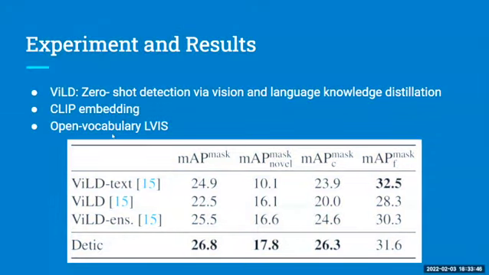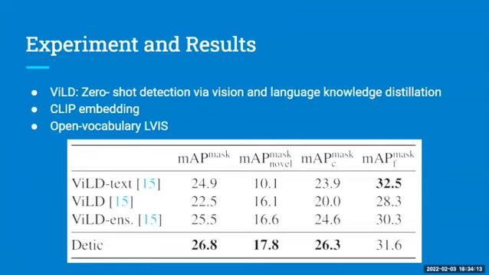As you can see, for almost all the methods, detic outperforms the state-of-the-art WILD. WILD has three different versions. WILD text is more or less the same as the base level box supervised baseline, which I mentioned in the previous slides. WILD, the main method, uses knowledge distillation from the CLIP visual backbone.